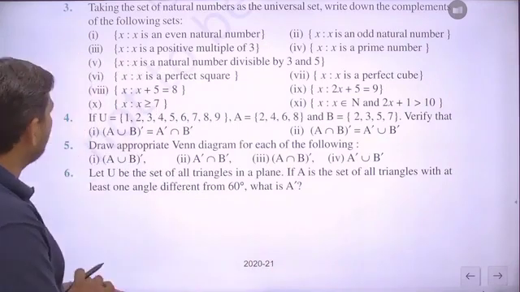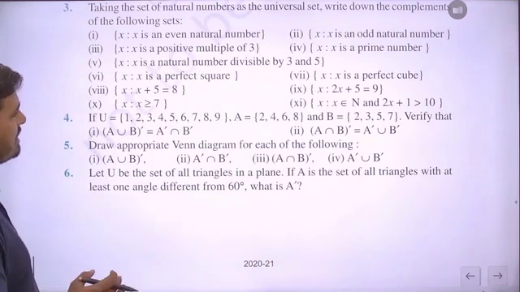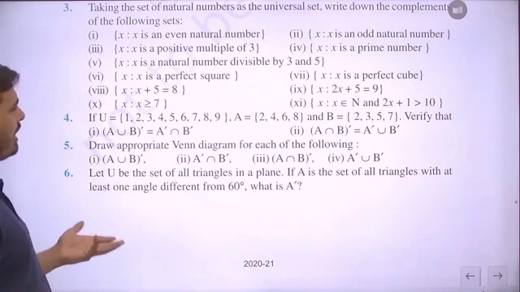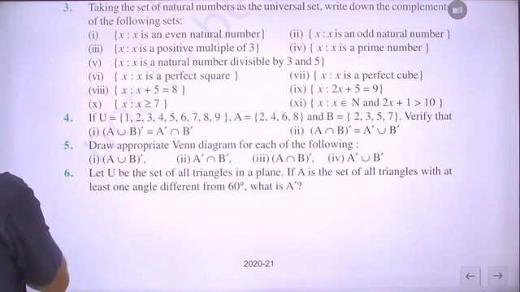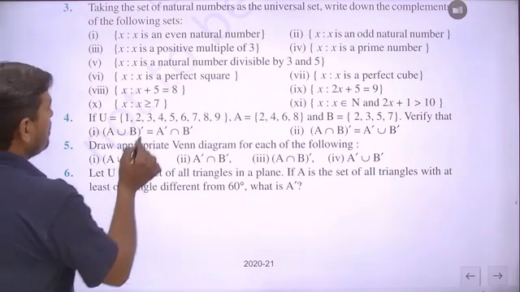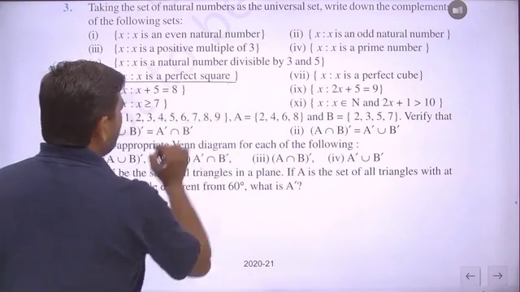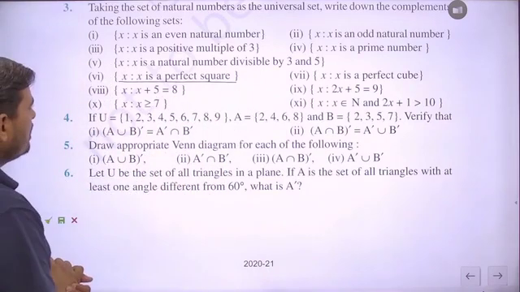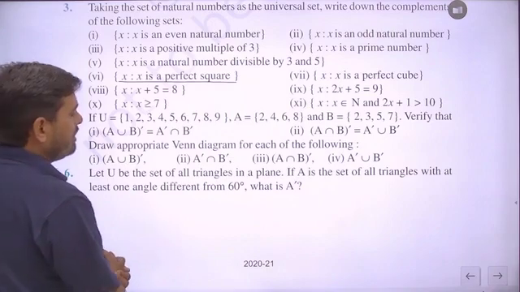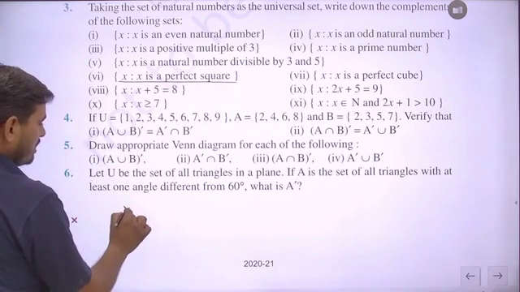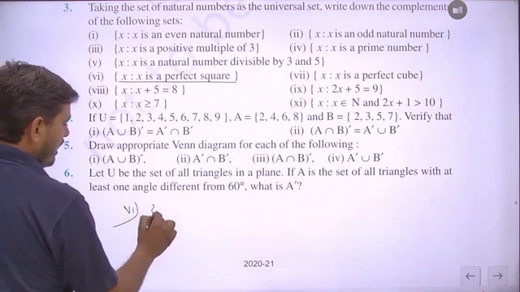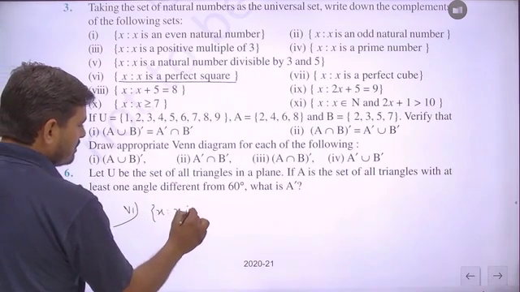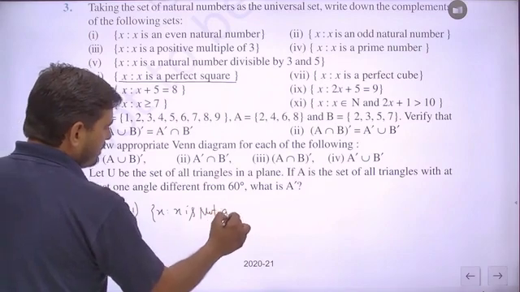Next, the sixth part, you can say x is a perfect square. Again students, you can make the negative of this statement and provide the answer here only. If we have to find the complementary part, then in the sixth part you can say the complementary part will be written as x such that x is not a perfect square.